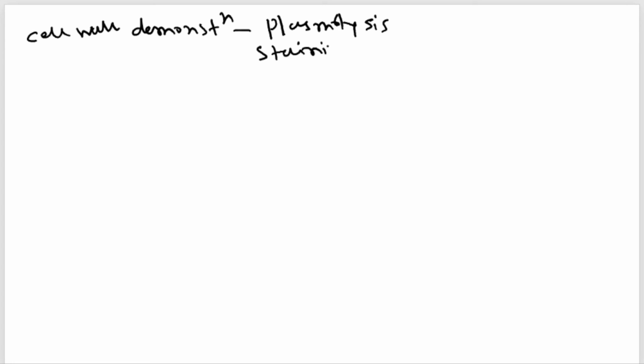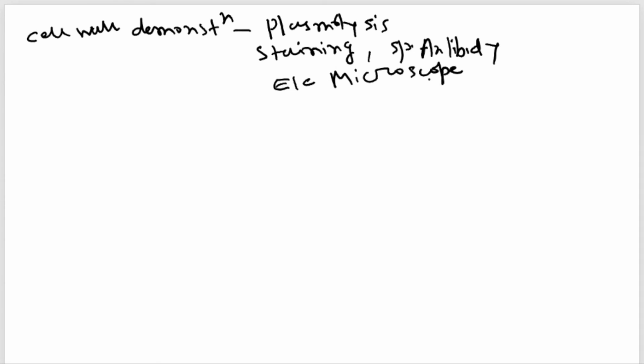There may be some staining techniques. There may be a specific antibody that we can demonstrate, right? We can demonstrate specific antibody. Then we can use the electron microscope. Okay, that's not important.